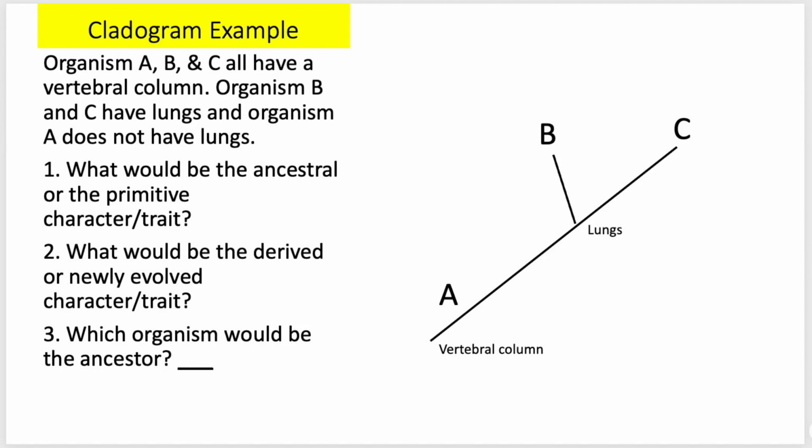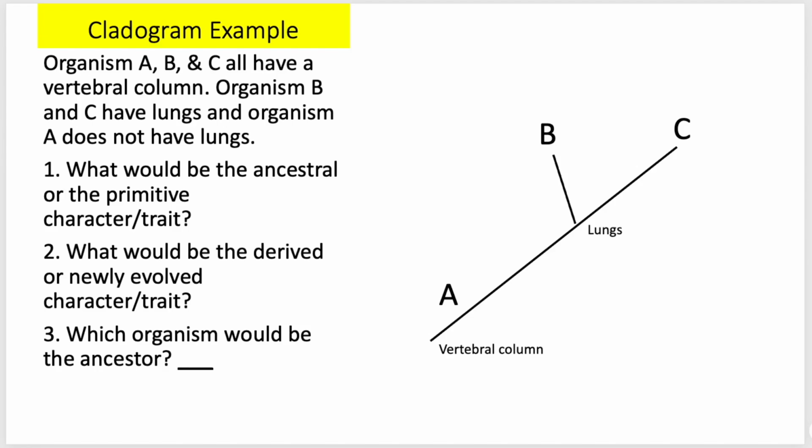So every cladogram will have a list of organisms and a list of traits. And the traits are on the bottom and the organisms come up on the top usually. Sometimes it's written upside down. I'll try to describe those that aren't, even though in this PowerPoint I will have at least one that's upside down. But anyway, you have these three organisms, A, B, C, and you have these two traits on the bottom. Vertebral column at the base, and then as you move up where it branches, you have lungs.